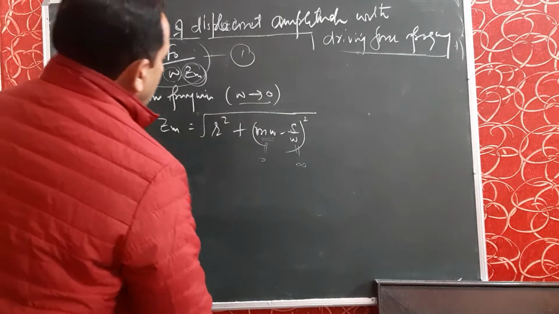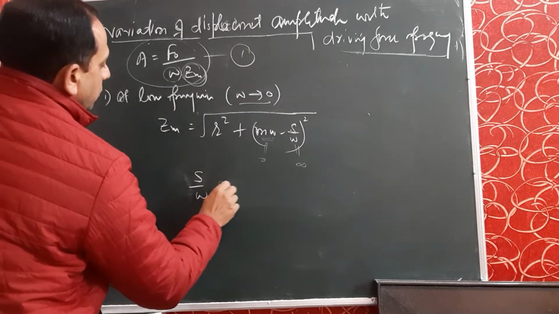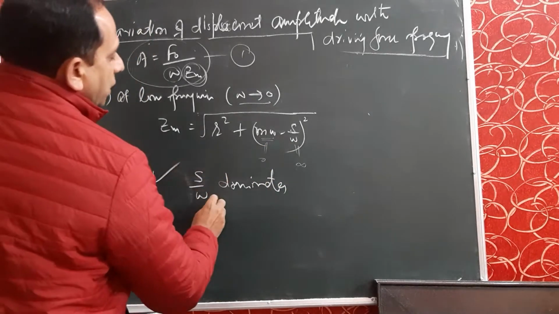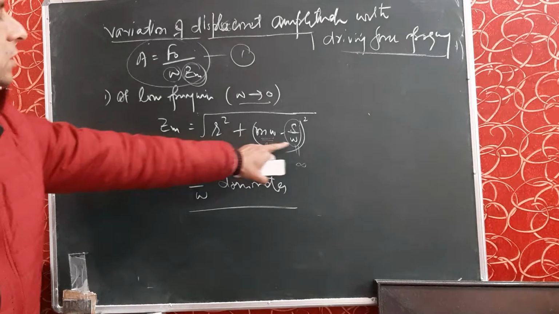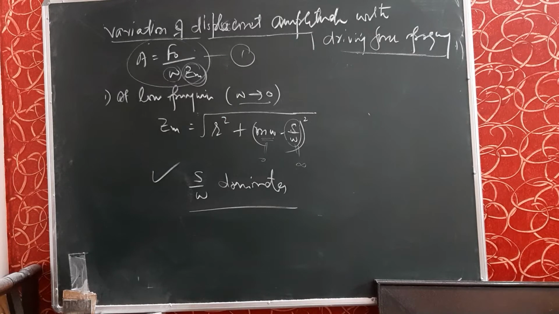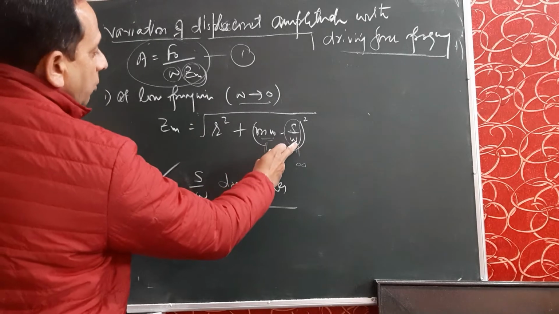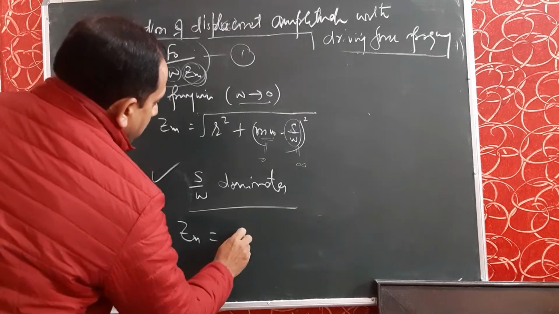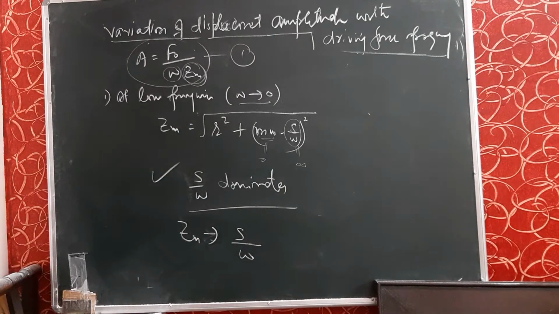So overall, when we see this equation, we find that the s by omega term dominates. From these three terms, only the third term is dominating in this equation. And we may write this impedance as the square root of (s by omega) whole squared; the square and the square root cancel out, and ultimately it becomes s by omega. Is it clear?